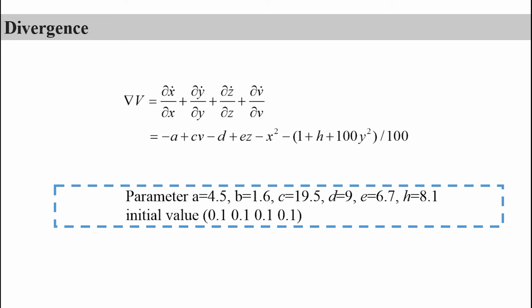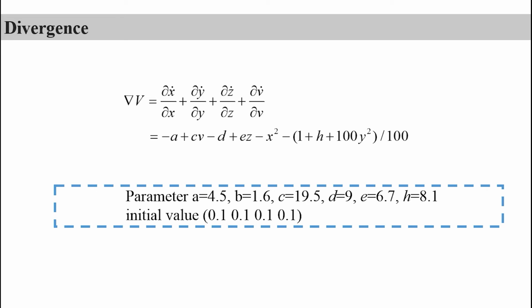M0, M2, M4 are 0.5. M1, M3, M5 are 0.3. E1 is 0.4. When the initial value is 0.1, the divergence is less than 0.